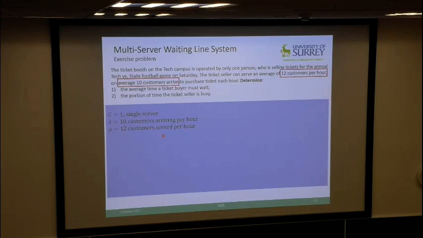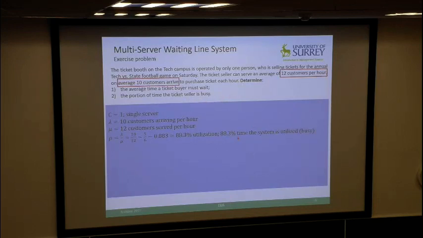If we know this, we can calculate the utilization using the arriving rate divided by the service rate. It's stable because it's less than 100%. Looking at the portion of time the ticket seller is busy, this is one format of the question: the portion of the time.